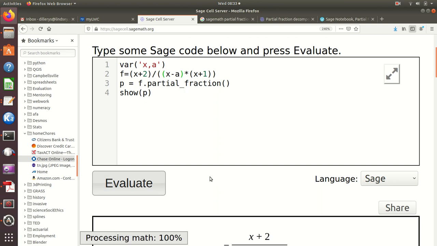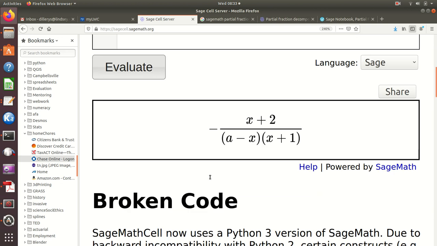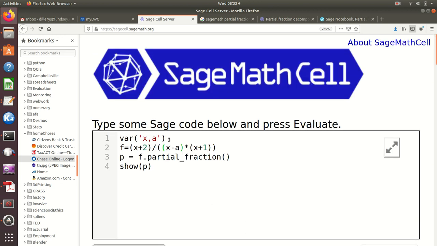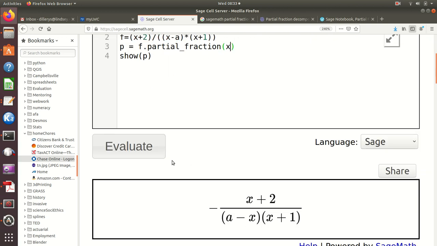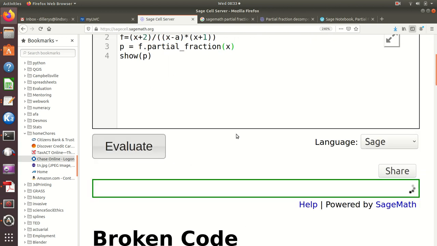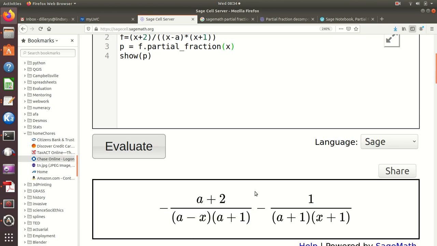Let's see what happens. Yeah, it seemed to be happy with that, but to be careful, I think a good idea would be to say, yeah, that's x. Oh, interesting. I got a different answer.